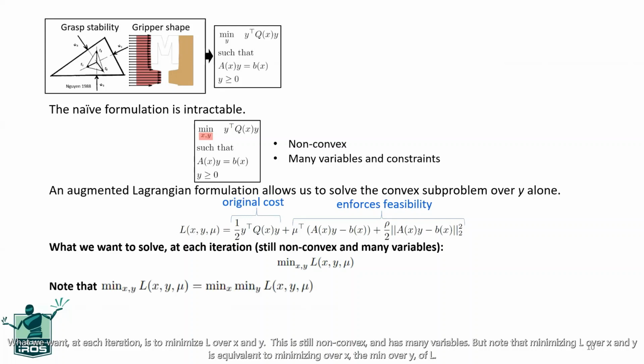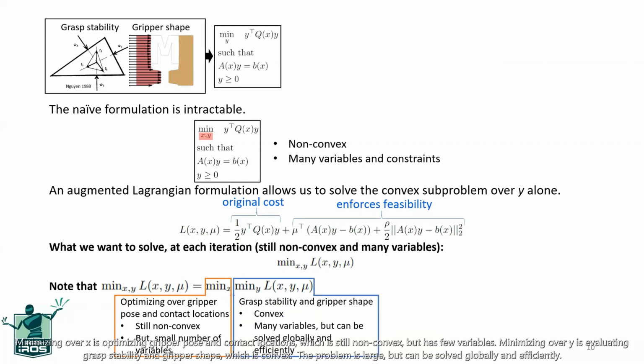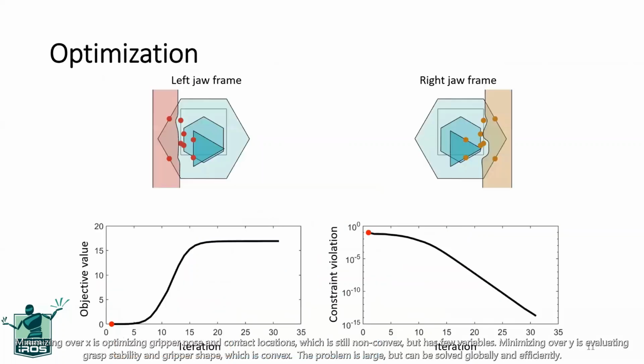But note that minimizing L over X and Y is equivalent to minimizing over X, the min over Y of L. Minimizing over X is optimizing gripper pose and contact locations, which is still non-convex but has few variables. Minimizing over Y is evaluating grasp stability and gripper shape, which is convex. The problem is large, but can be solved globally and efficiently.